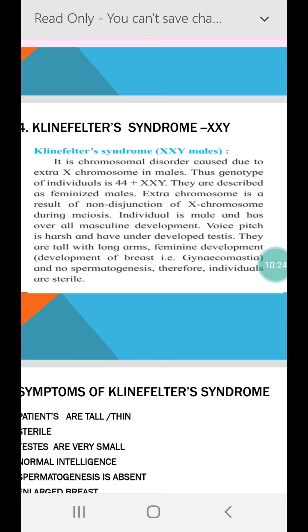This extra chromosome arises as a result of, again, non-disjunction of the X chromosome during meiosis. This change in the number of chromosomes is due to non-disjunction and may occur during gamete formation.